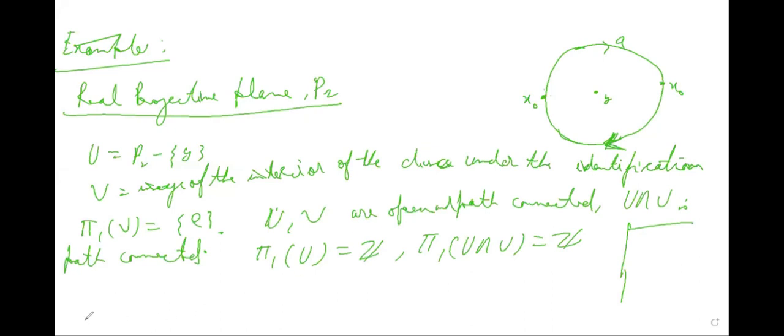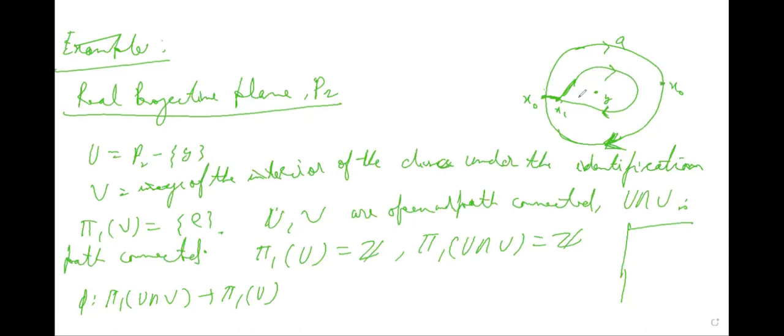But you see that this phi, from pi1 of U intersection V to pi1 of U, takes any loop, first it will go through this, and then this will again go through this.